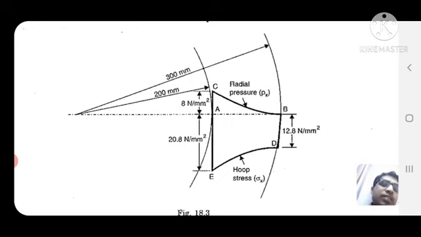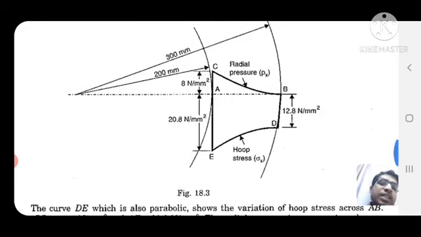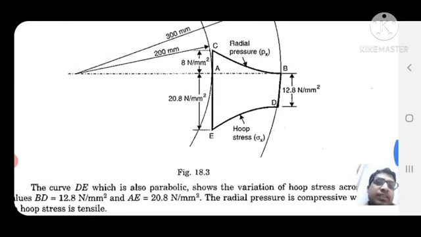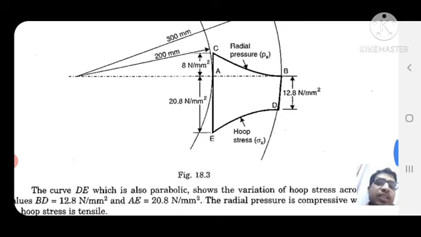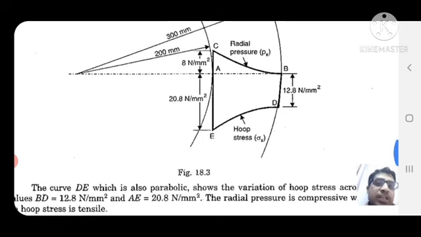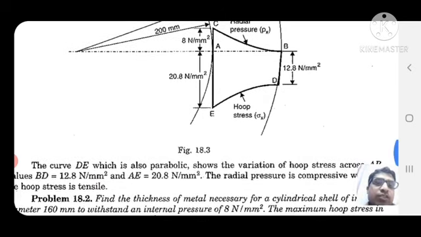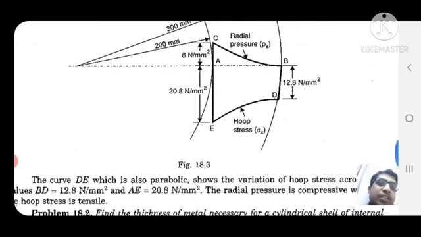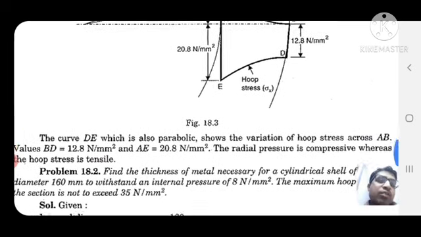One is the radial pressure, sigma px, and the other is the hoop stress, sigma x. Here the curve DE, which is also parabolic, shows the variation of hoop stress across AB.